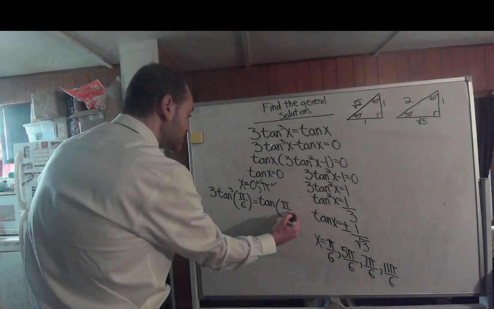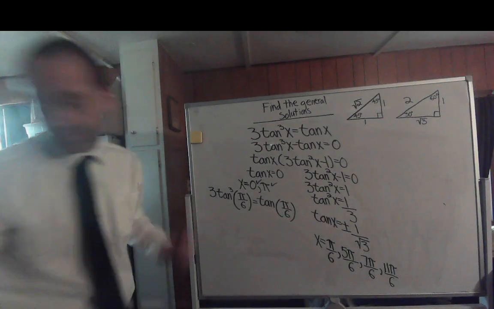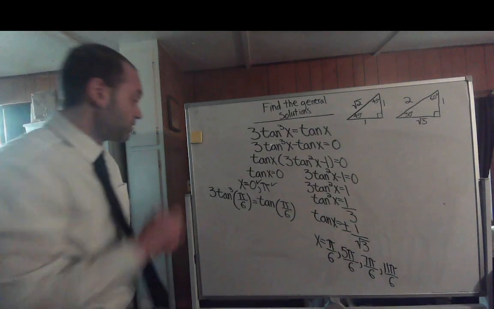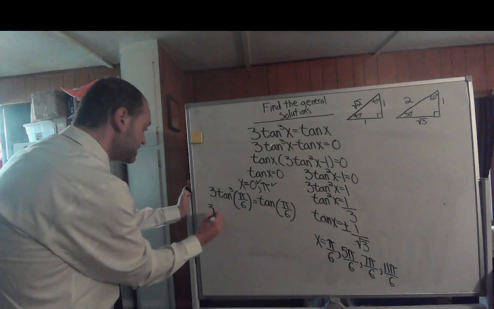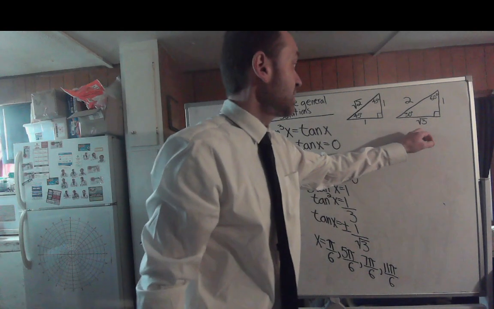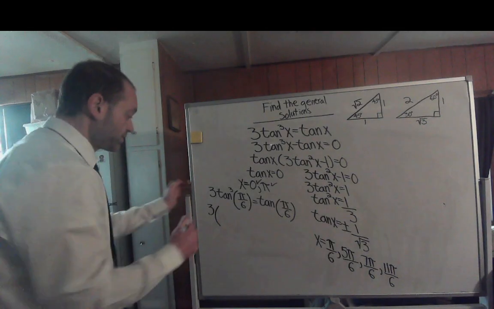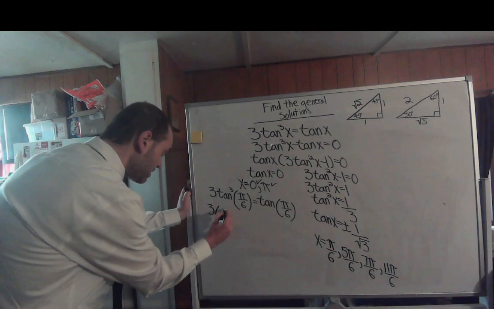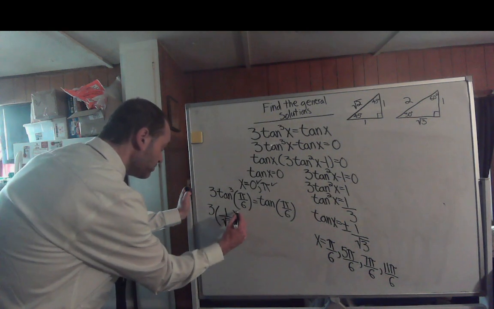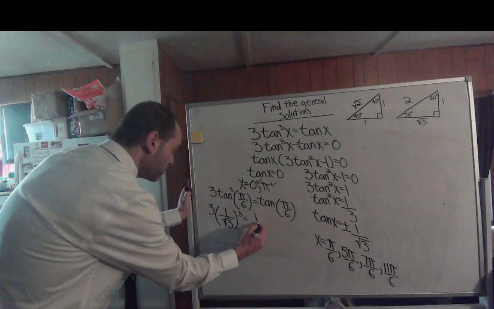That's what we have to determine. Well, okay, so this would be 3 times... What is the tangent of pi over 6? That's 1 over the square root of 3. So this would be 1 over the square root of 3 cubed, would then equal 1 over the square root of 3.